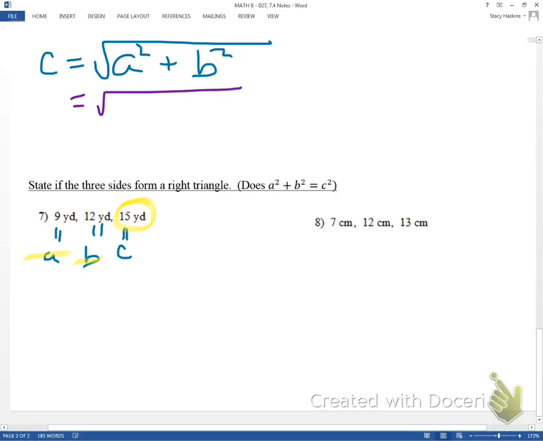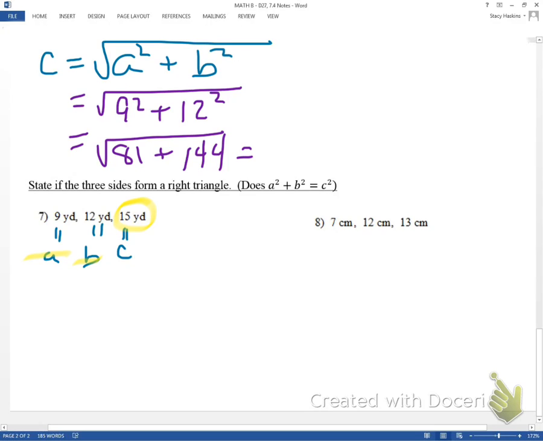So I have to find out what A squared is, or 9 squared plus 12 squared. Well, 9 squared is 81 plus 12 squared is 144. Add those two together. Plus 144.